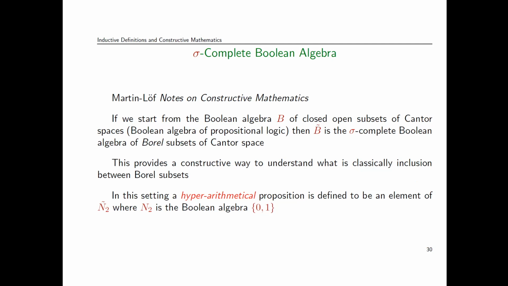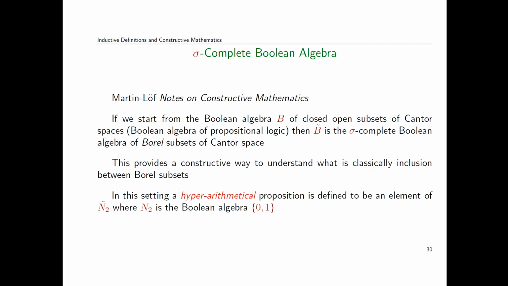You can do something similar, starting from the Boolean algebra with only two elements, 0 and 1. And so Martin-Löf, not in Notes on Constructive Mathematics, but in talks, suggested that this notion of hyperarithmetical proposition that was mentioned in the talk of Laura can be defined in these constructive settings as an element of the sigma completion of the trivial Boolean algebra, the Boolean algebra 0, 1.